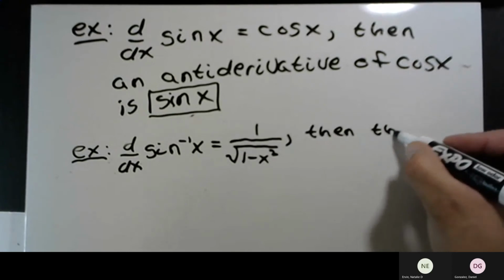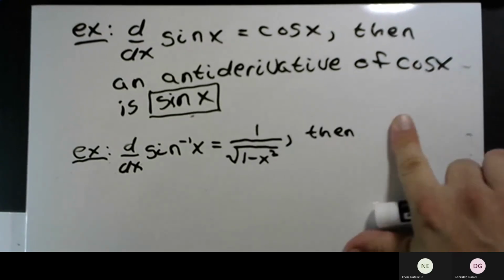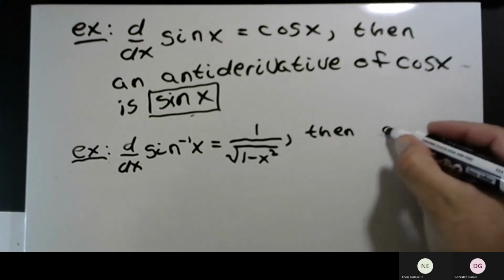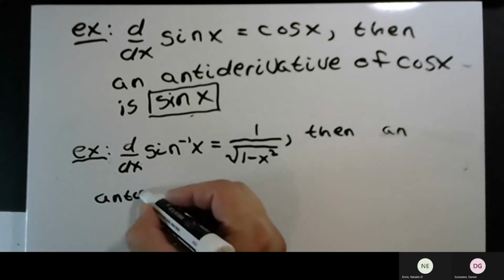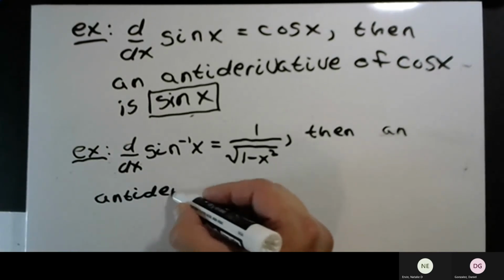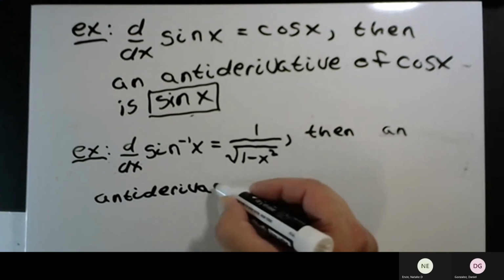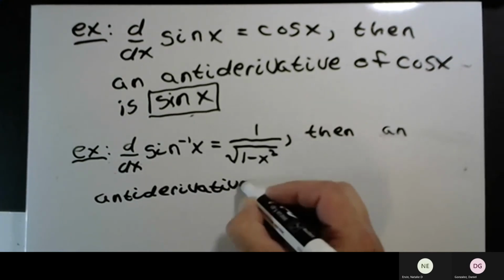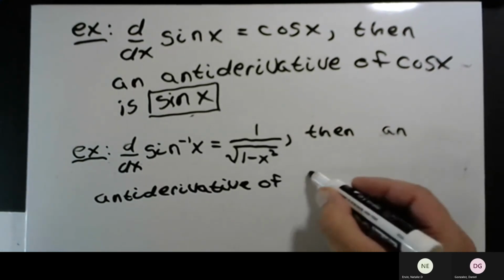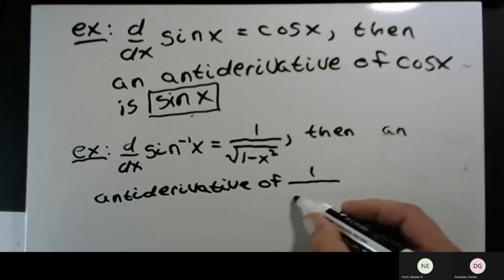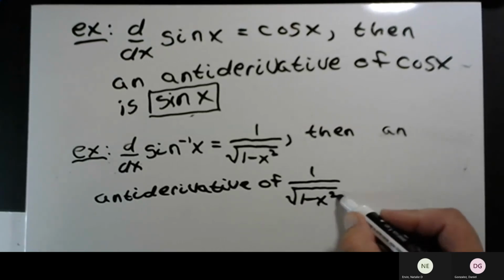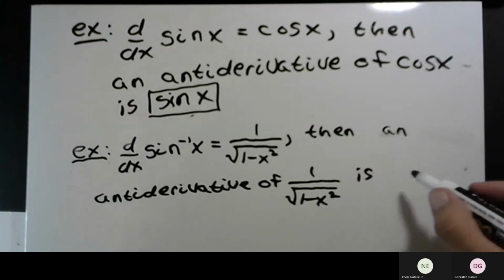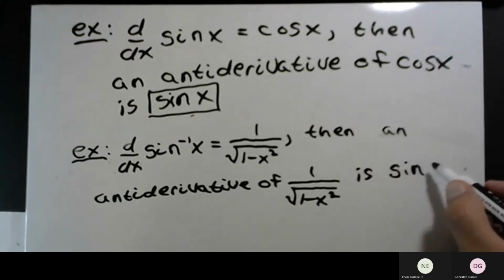Then you have to be careful: an antiderivative of 1 over the square root of 1 minus x squared is sine inverse of x.